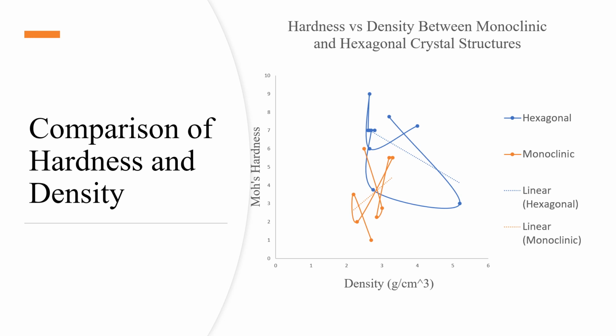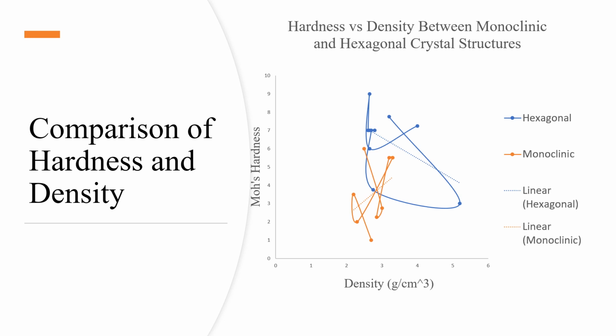Here I took about 20 minerals that I have at my disposal as part of my case study. One group of about 10 here are monoclinic, and another group of about 10 are hexagonal.